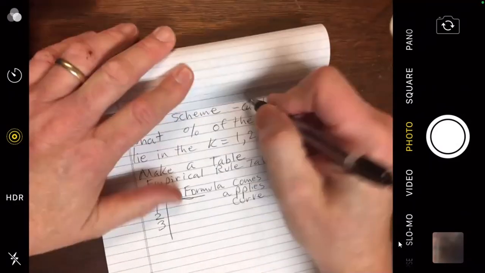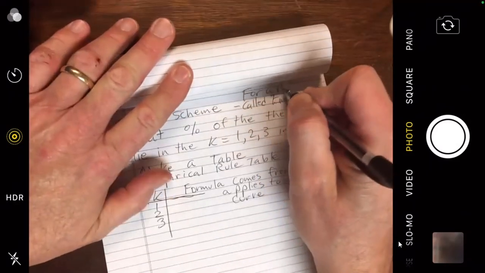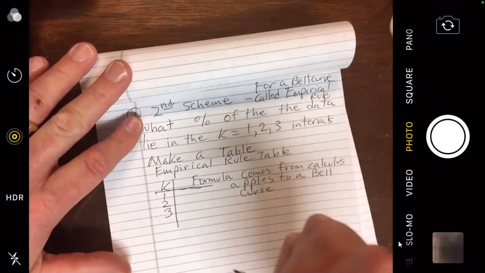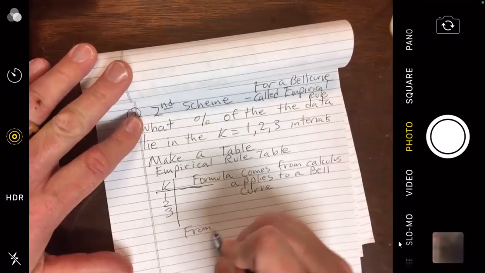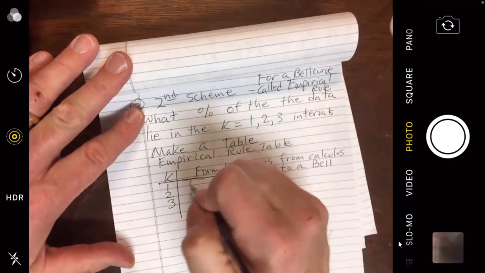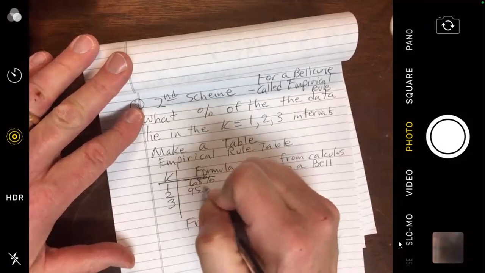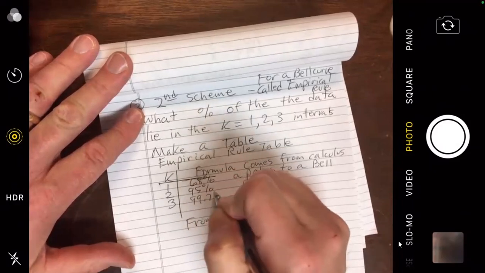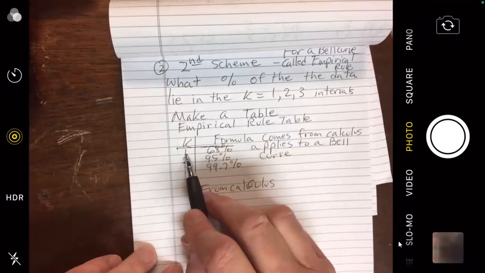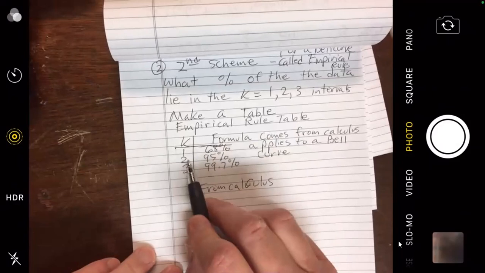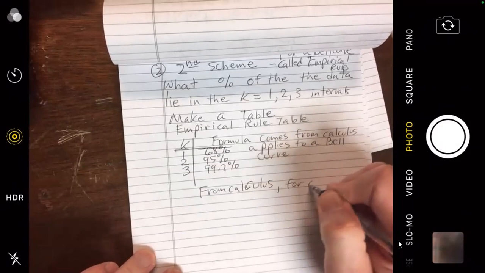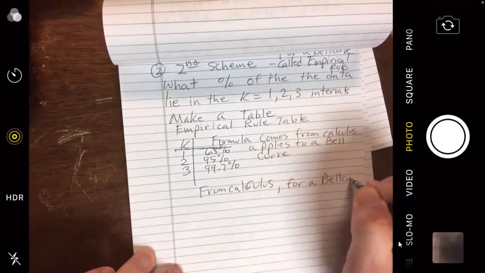The empirical rule is for a bell curve. 68%, 95%, 99.7%. Again, 68% of the data is within 1 standard deviation on a bell curve, 95% within 2, 99.7% within 3, on a bell curve.